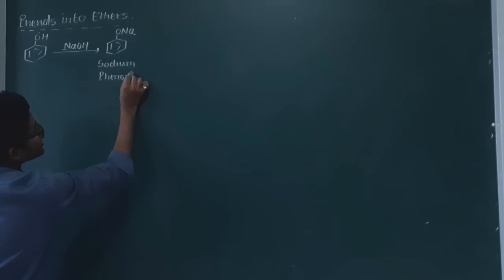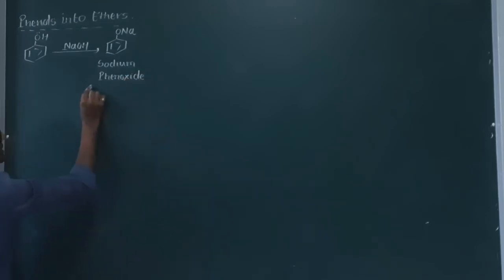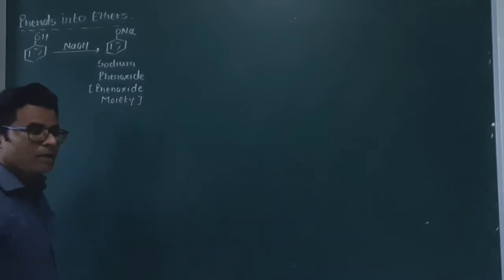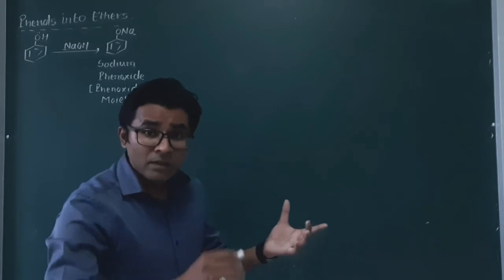Now sodium phenoxide in this case is considered to be the phenoxide moiety. This moiety is an intermediate.